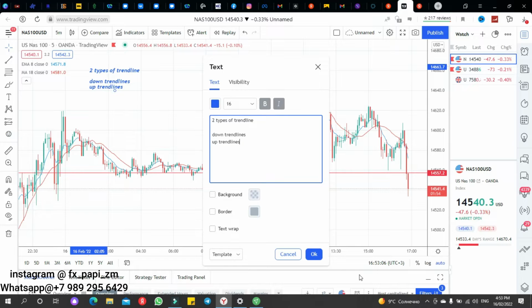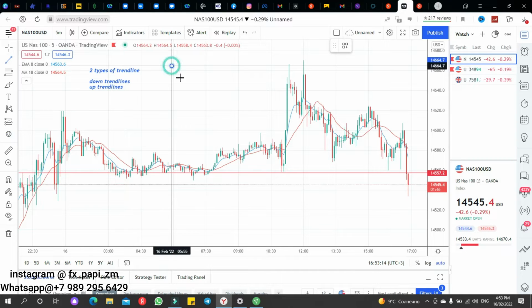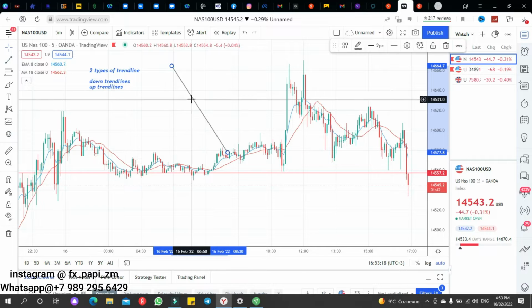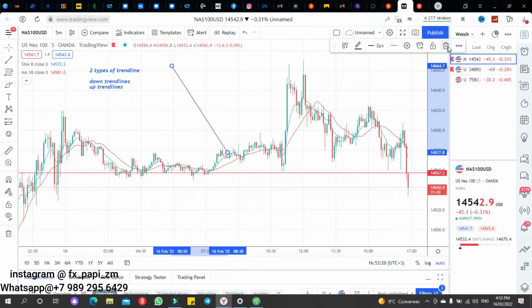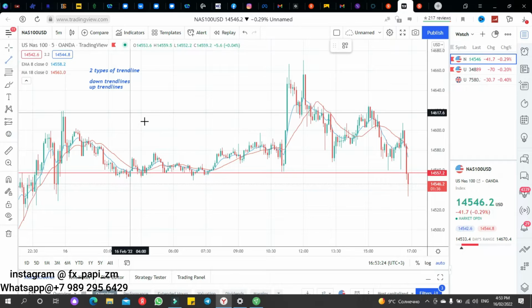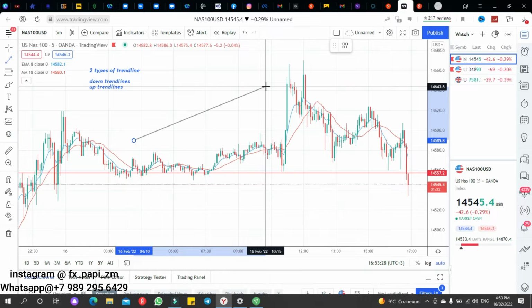So we have two types of trend lines. So let me show you what a downtrend line looks like. A downtrend line looks like this. This one that goes like this is a downtrend line. An uptrend line or a bullish trend line looks like this. This is how it looks.